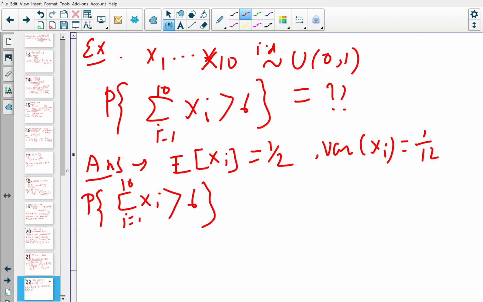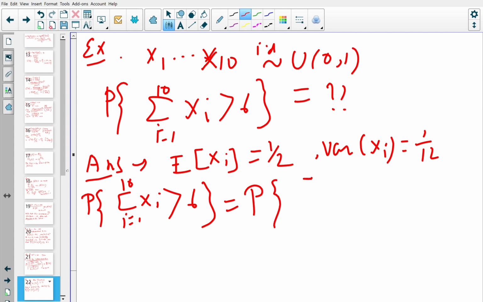So this distribution, the sum of xi minus n mu divided by sigma times root n, follows the standard normal distribution, right? So we need to make it in that form.